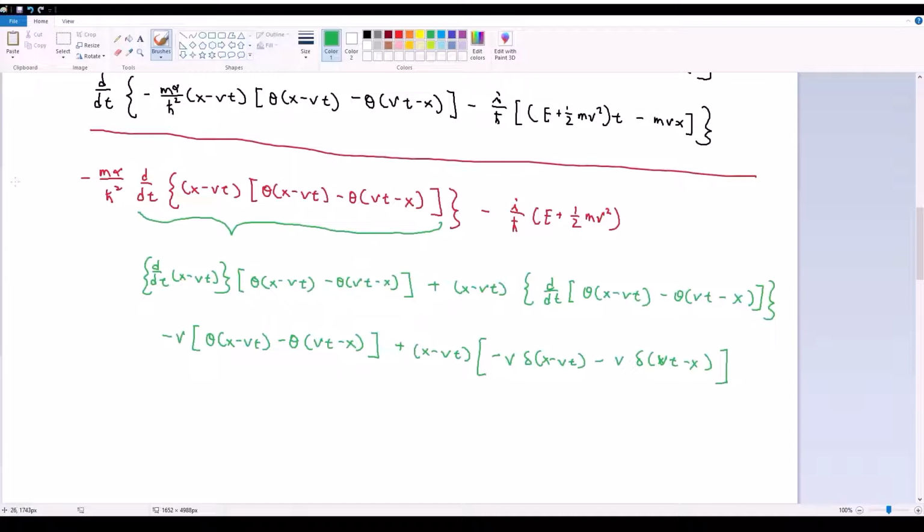So then we take it back up here, and we realize that there's a common factor of negative v everywhere, so we can plug that back in and get rid of the negative at the front.